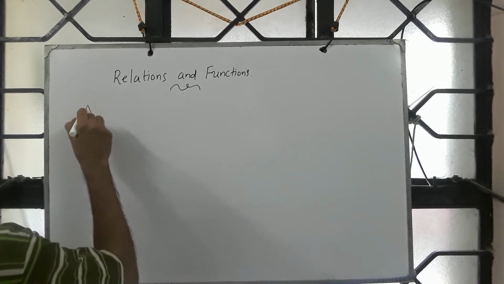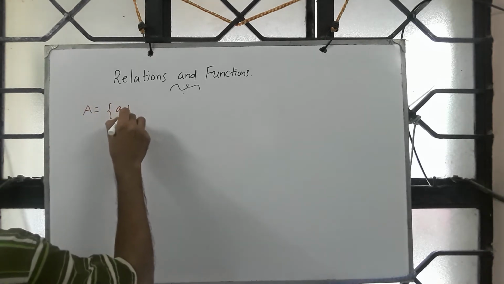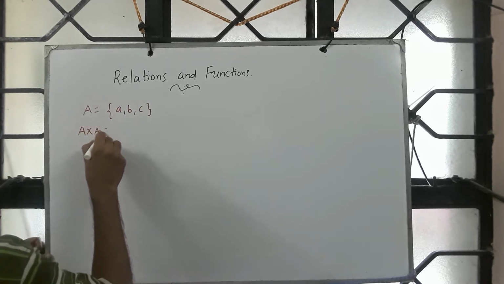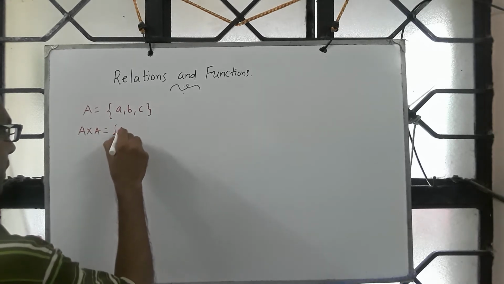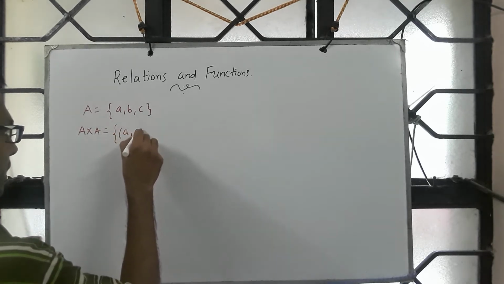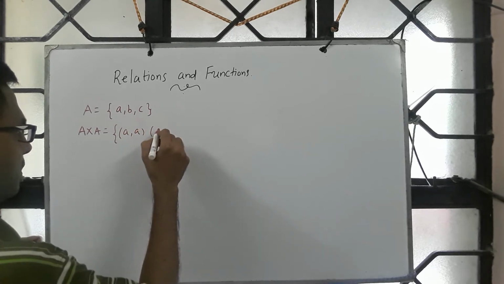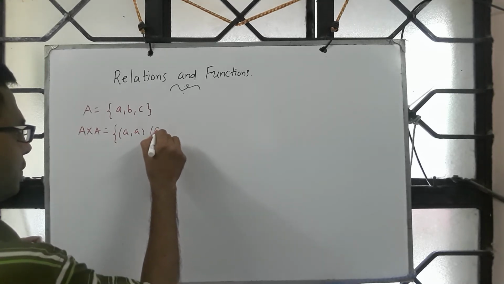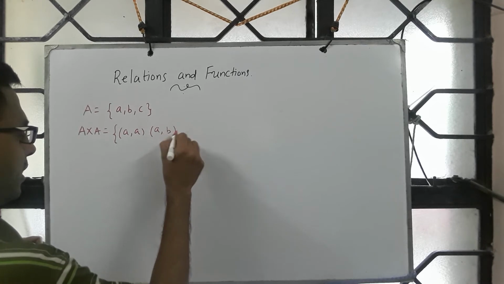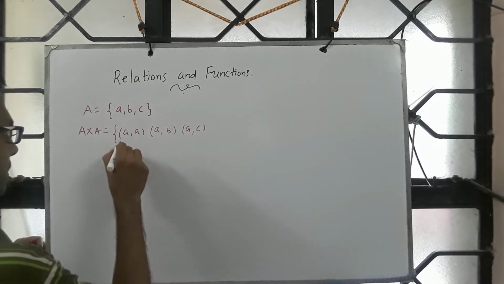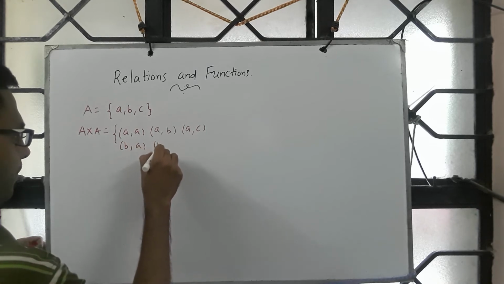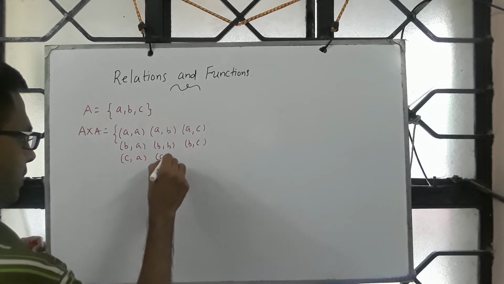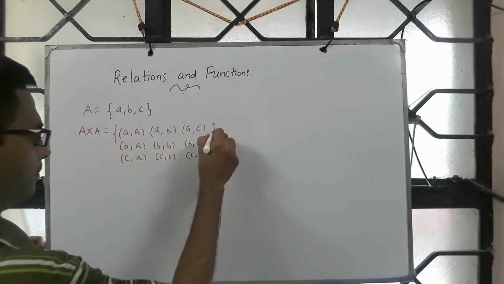So far we discussed, given a set say A, B, C, we defined something called A cross A, that is the set of ordered pairs such that the first element comes from A, the second element comes from the second A. So the possible values are AA, AB, AC, BA, BB, BC, CA, CB and CC.